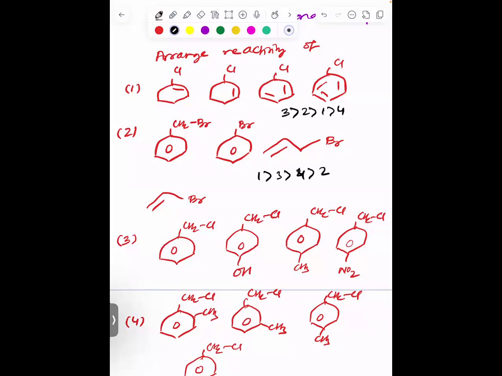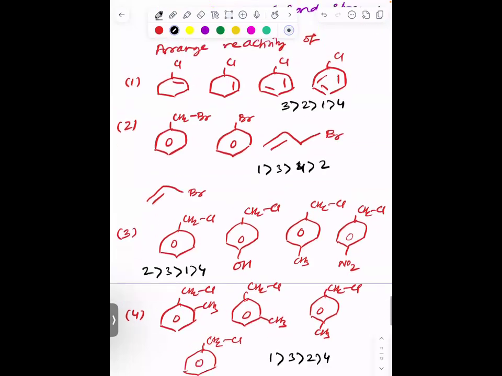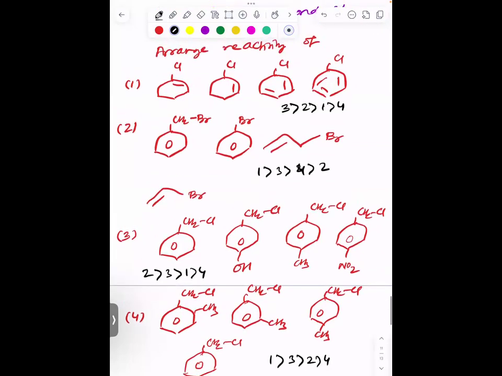And question number 3 is 2, 3, 1, 4. And this is 1, 3, 2, 4. Then quickly compare with your answer. Then we will explain.